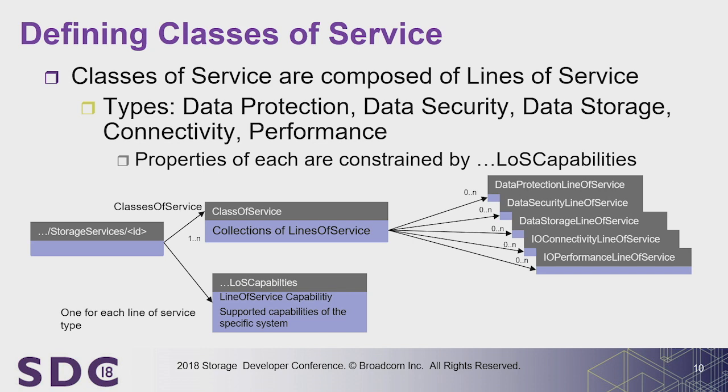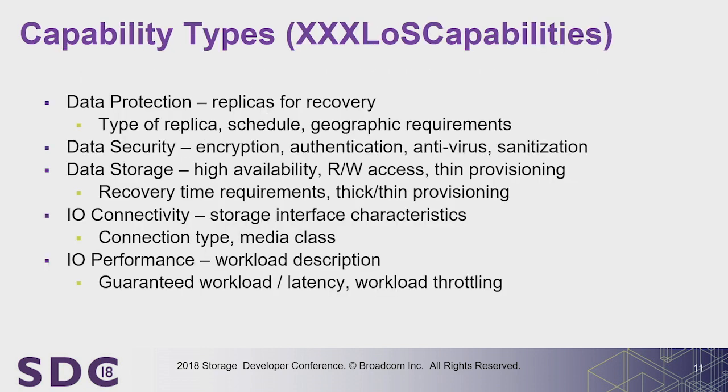So here's how the capabilities are constructed. At a really high level, you have data protection. This is about replicas for recovery. So you'd specify things in here like the type of replica that's supported by the system, the schedule, and geographic requirements.